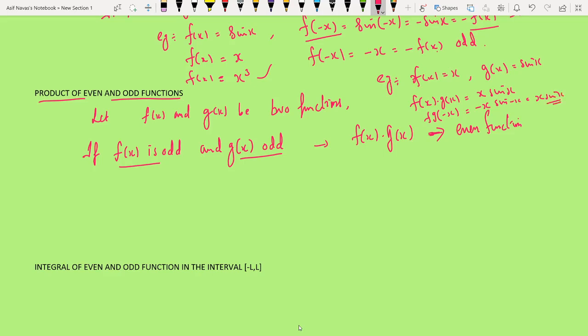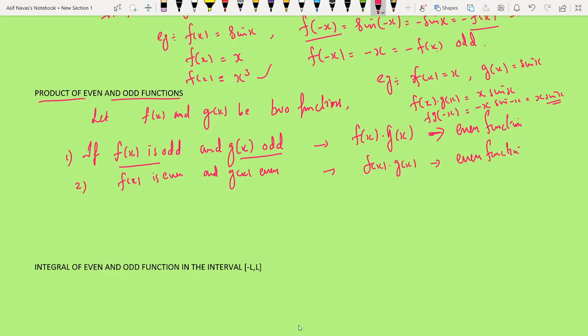So this is an even function. Similarly, if f of x is even and g of x is even, then what can you tell about f of x into g of x? Is it even or odd? Even function.